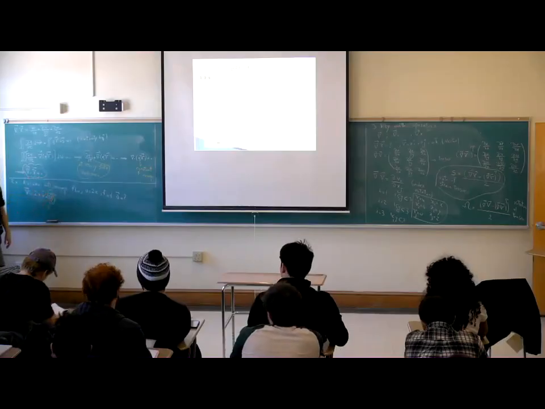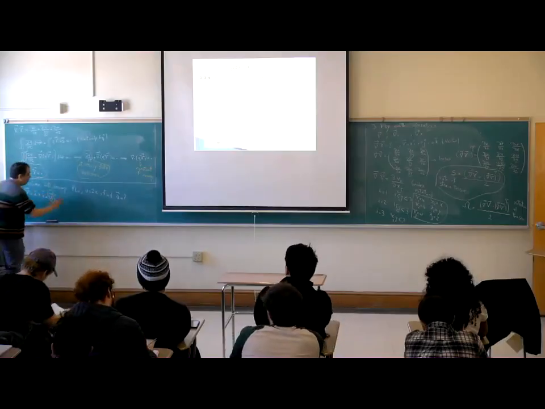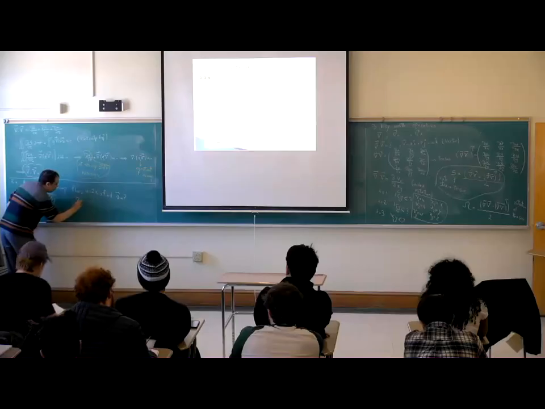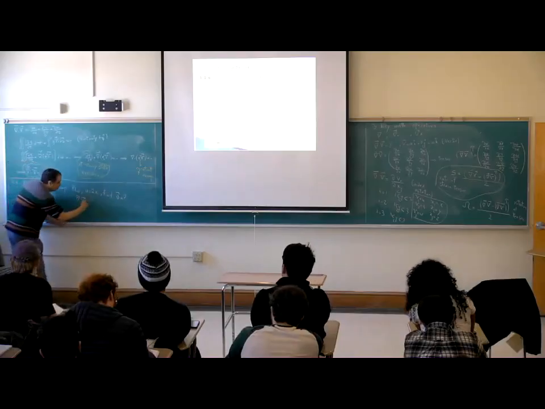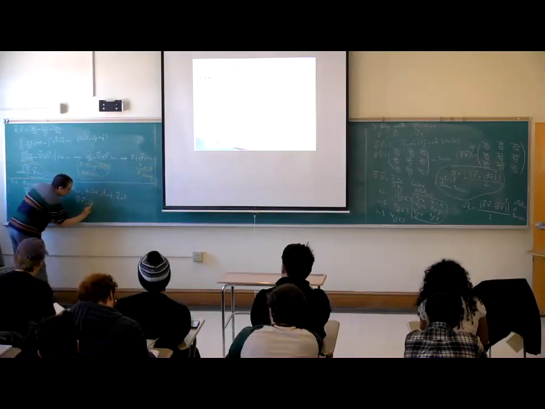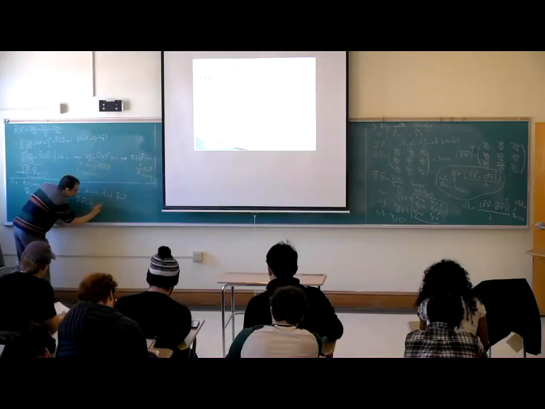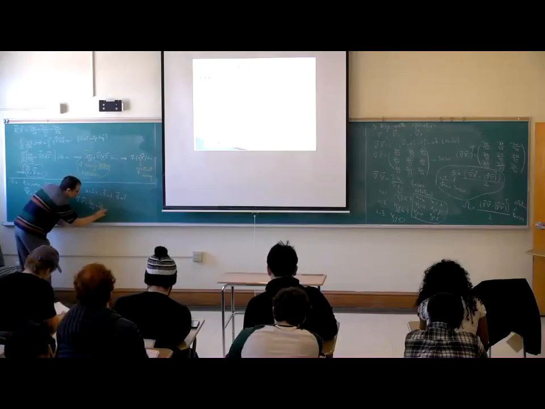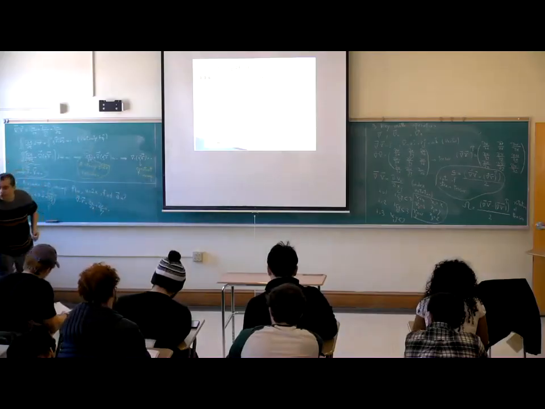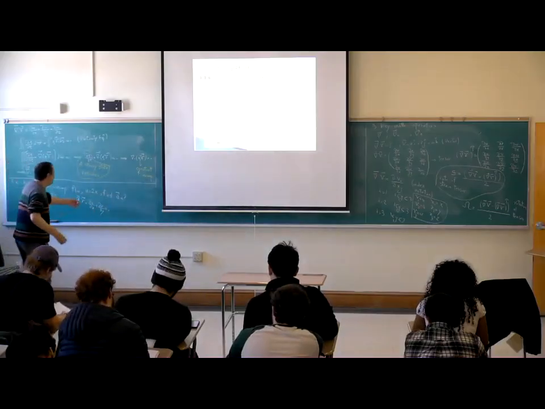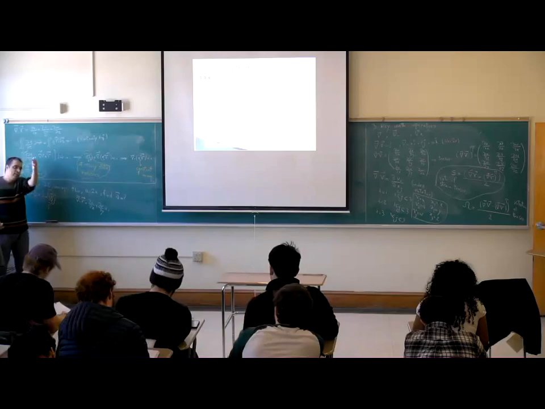What is divergence of V in 2D? Tell me please. du dx plus dv dy. Partial U partial X plus partial V partial Y is 0. What is partial U partial X equal to? Yeah, 2.